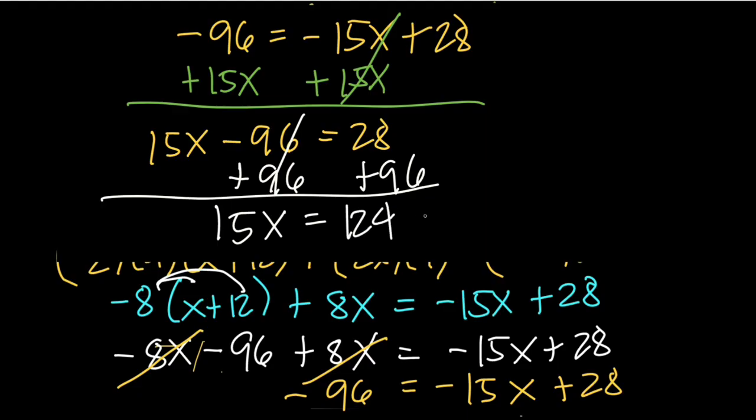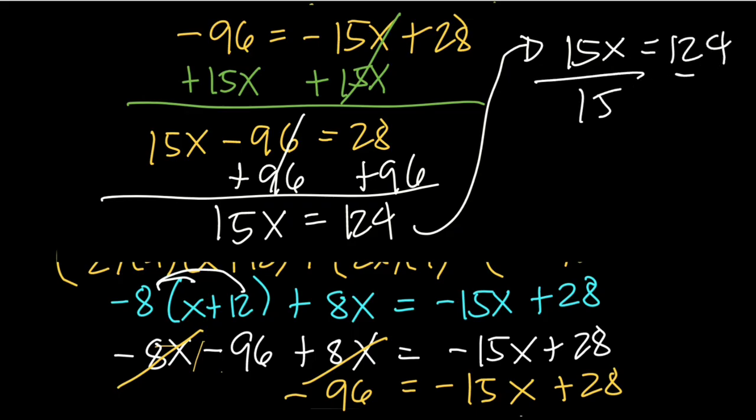So 124. Then our x would be 124 over 15. Okay, so 8.267. Oh, it doesn't have any choices there.